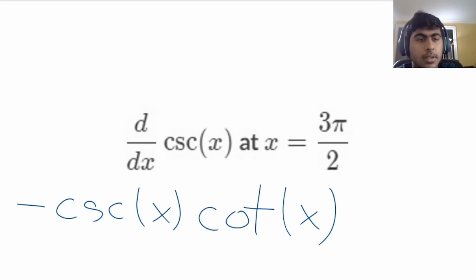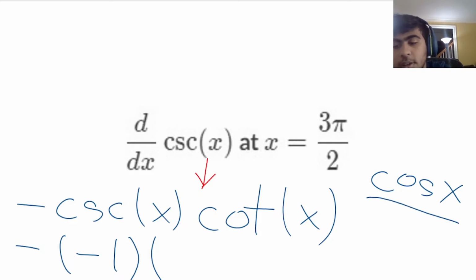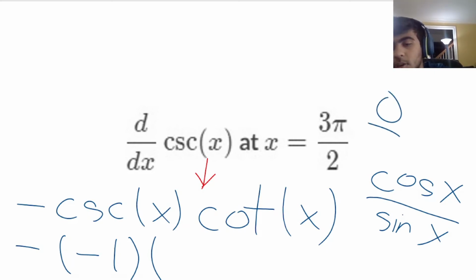But, I mean, this is the derivative, so we just plug our stuff in. 3 pi over 2 in the negative cosecant x is going to be 1, right? So it's going to be negative times the negative 1 times cotangent of x, which at this point is going to be, cosine x over sine x, and that would be 0 over 1.